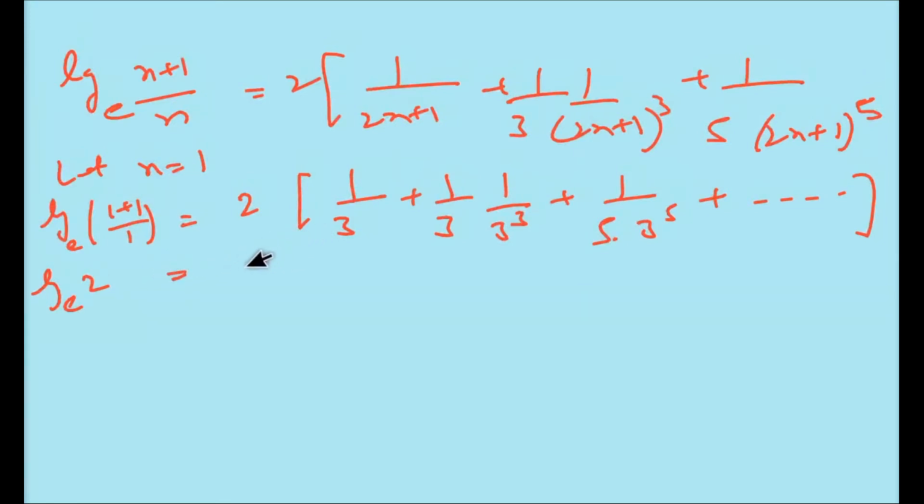So after getting this, we can find out the value of log 2 is 2 multiplied by, when we solve these equations, we get 0.346573, and multiplied by 2, we get the value of log e base 2.